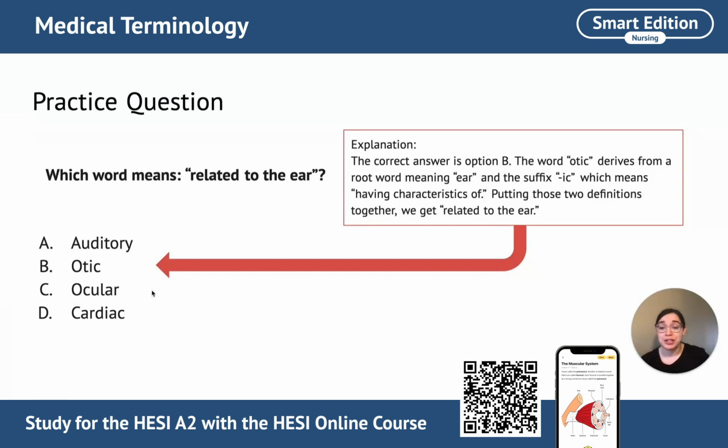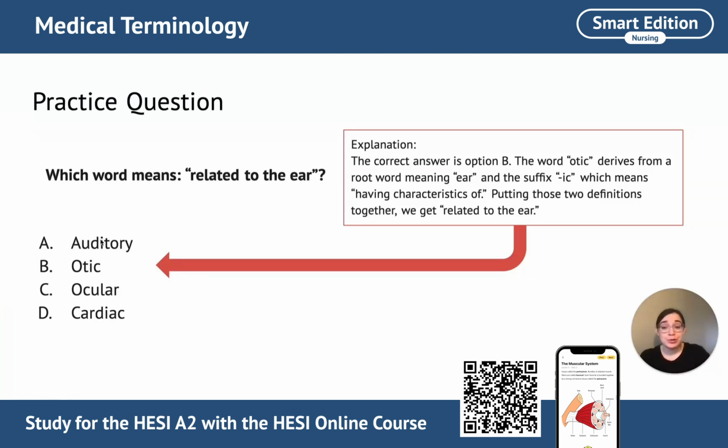You would hear this word used, for example, if a patient has an ear infection. Sometimes they might get oral antibiotics to treat that ear infection, but sometimes they might be given otic solutions, so solutions that are actually administered through the ear to treat that infection. The word auditory is related to the ear as well, so it's referring to the same body part, but it is more referring to the function of the ear, as it means related to the sense of hearing, as opposed to the ear as a whole, like the word otic does.